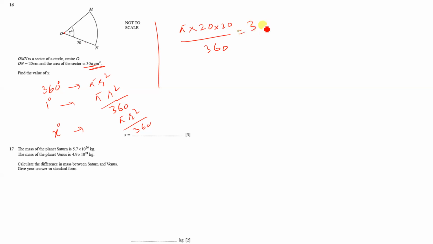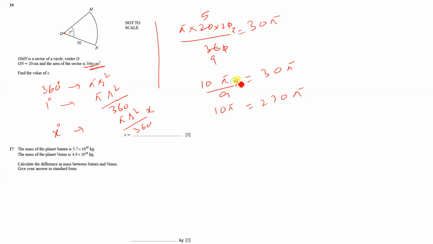Now we have to solve this to find the value of x, so don't forget to write x here. Equals 30 pi. Let's do some simplification. This is 4 times 5, this is 9, so we are left with 10 pi x over 9 is equal to 30 pi, or 10 pi x is equal to 270 pi.